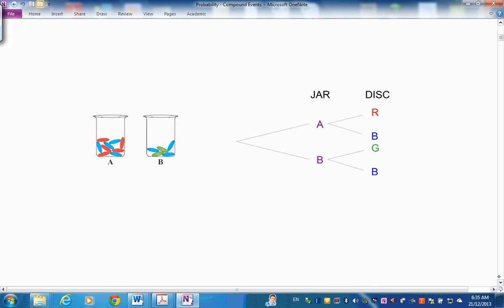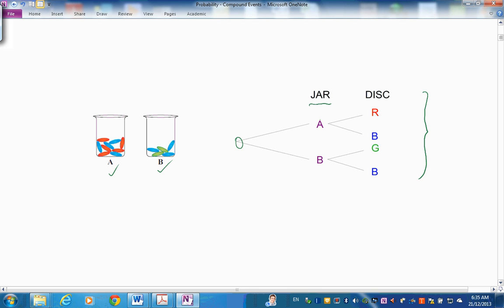Okay, here we are. This is the first one, and I said tree diagrams were going to be important, and they are very, very important to get your head around combined events or compound events. So here's our jar problem. Jar A's got some red and some blue discs. Jar B's got some blue and some green discs. So our tree diagram will start at a point and go to the first event, which was what? Drawing out of a jar.